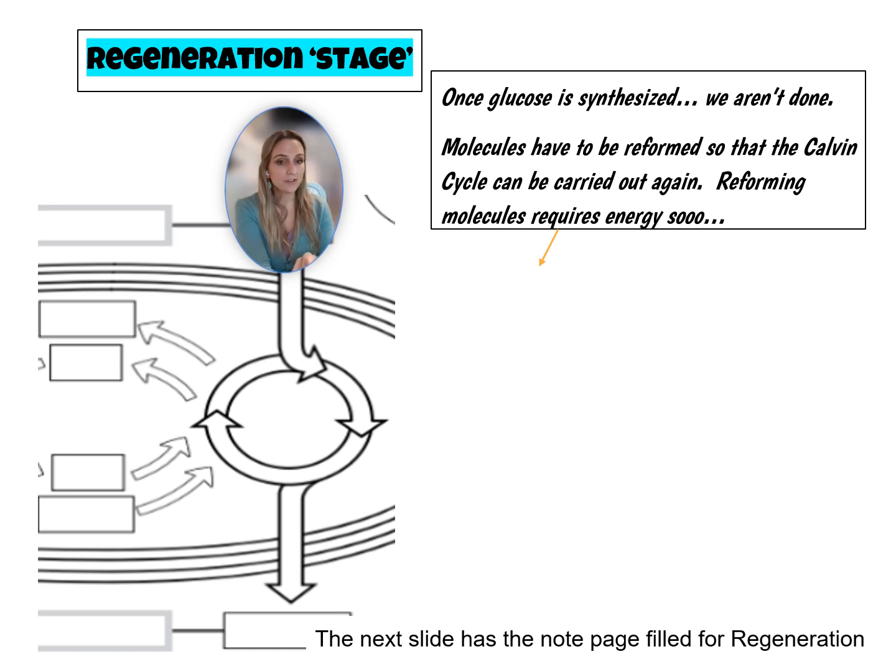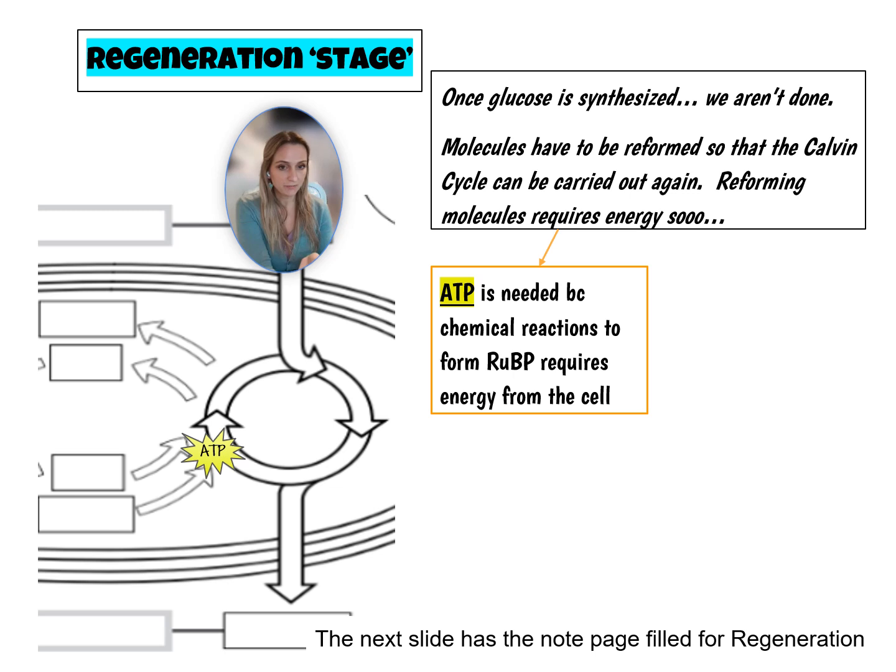Reforming molecules is going to require energy. And so the energy molecule for the cell is ATP. And what we're going to need to reform is the 5-carbon RuBP molecule that we started this entire process with. We started this process with RuBP and CO2, and those two molecules were catalyzed together by the enzyme Rubisco.